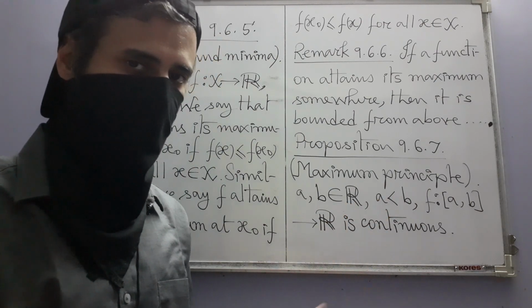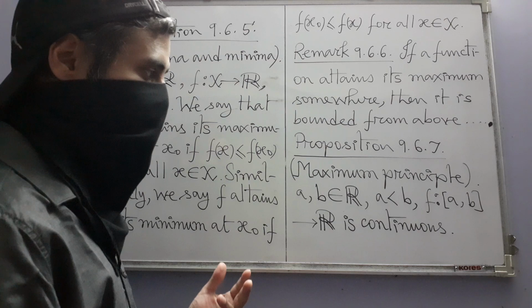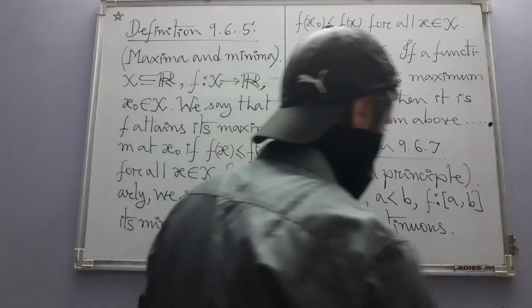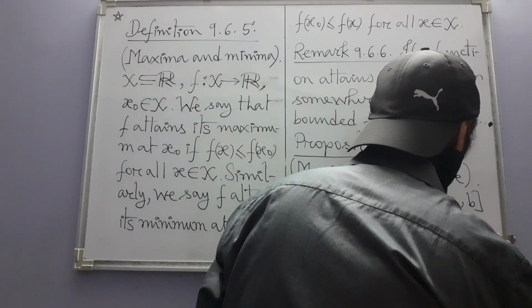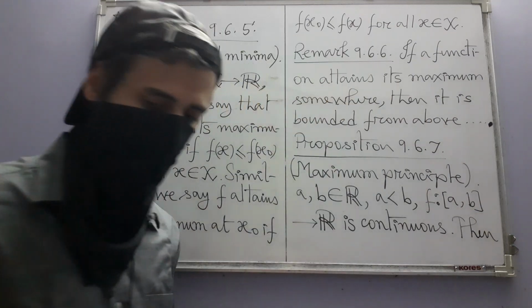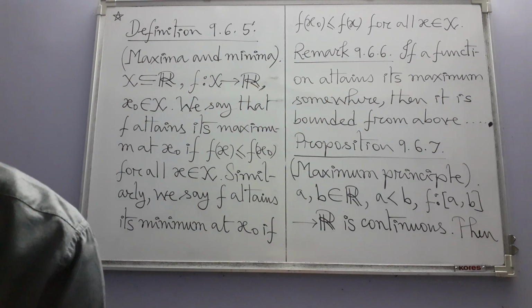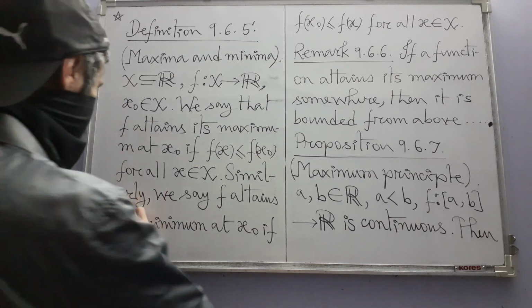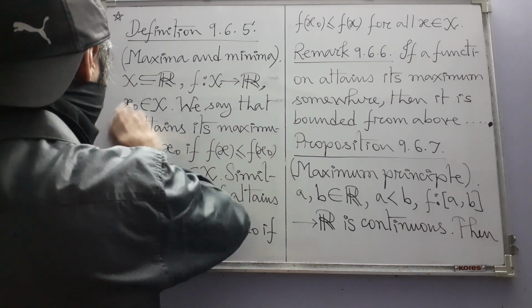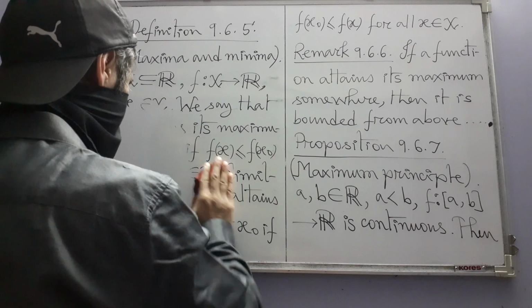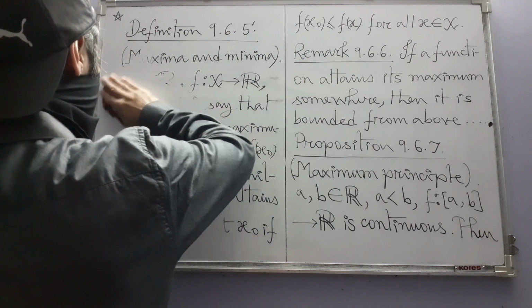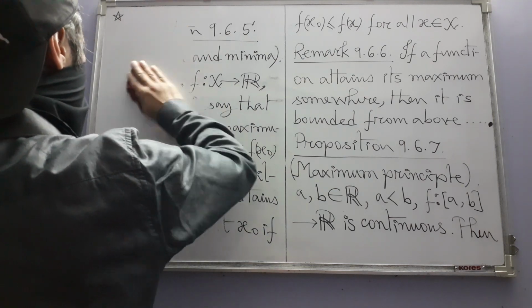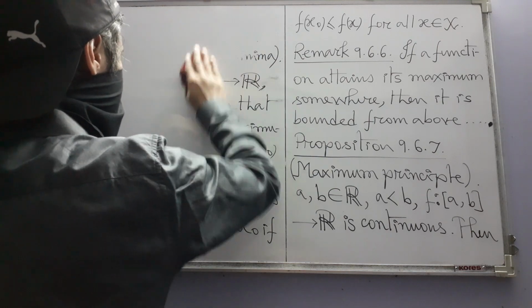So yes, now also f is going to be bounded, but additionally now this will happen. Then f is going to attain its maximum somewhere and minimum somewhere. That is the new claim.